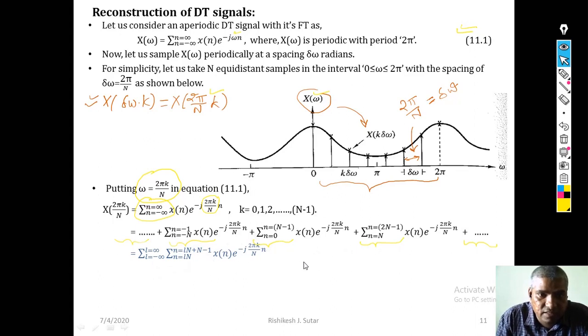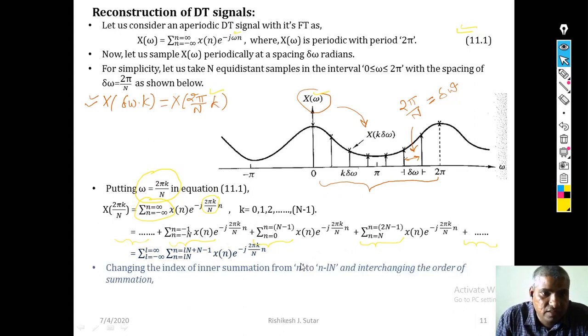Once I write all the summations in this way, I can change the index of the inner summation, which is this Ln, from n to n minus Ln, and interchange the order of summation.